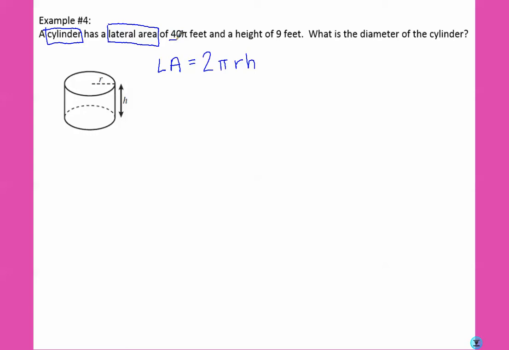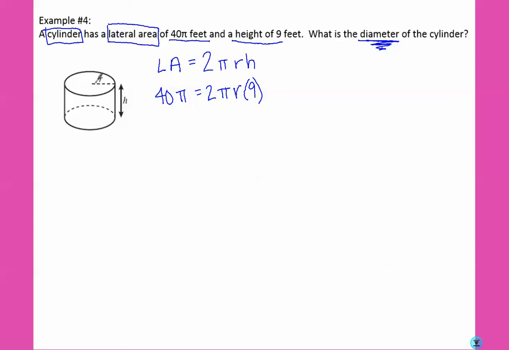The lateral area is 40 pi feet squared. The height is 9. What is the diameter of the cylinder? So let's see what we got. Lateral area is 40 pi. Bring down the 2, bring down the pi. We weren't told what r was, and we have a height of 9.